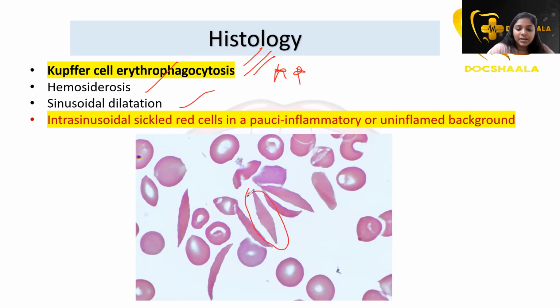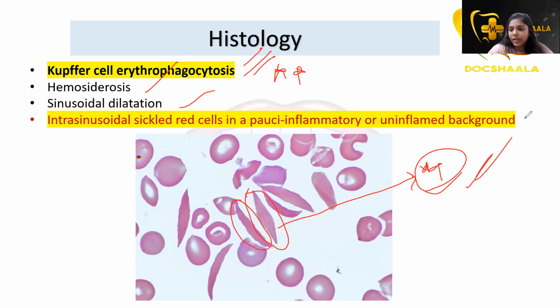So here are the sickle cells which are present. This is the most characteristic feature through which you can diagnose sickle cell anemia. Okay, especially when given in examinations, remember, the sickle cell anemia histology includes sickle cell RBCs in the picture.